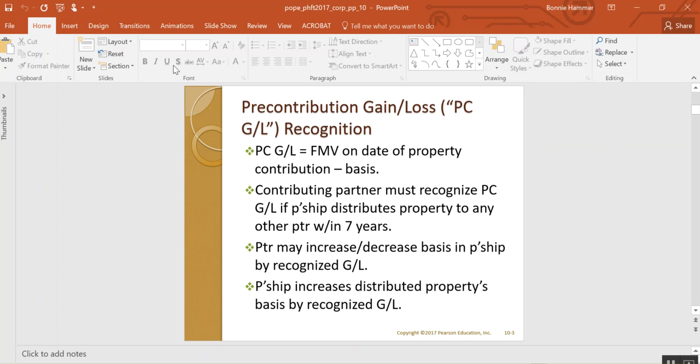The partnership also decreases the basis of the couch before they distribute it to that other partner. So the basis to the receiving partner, the one that gets the couch on distribution, is going to be 1,000 minus 500, the decrease equal to the recognized pre-contribution loss. Okay?